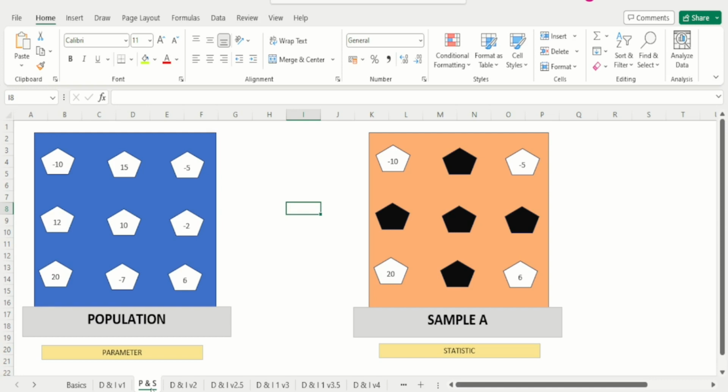One very important distinction to remember is this. Whenever we are dealing with a variable, for example, let's say we had to calculate the height of everybody in a class of 30 students, and we want to calculate the average height.